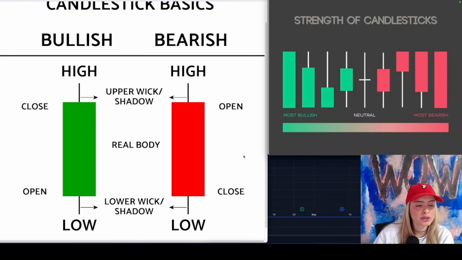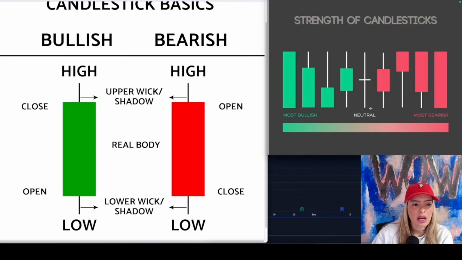When it comes to a bearish candlestick, this red one, we have here the high also just like the bullish, but it is the other way around. So we have the open here, and then the candle went all the way to the bottom to close here, and this is the low just like the bullish candlestick, right? We all know that. That's basic.